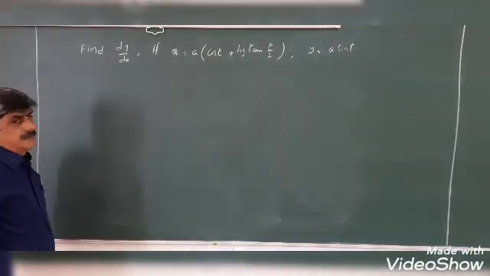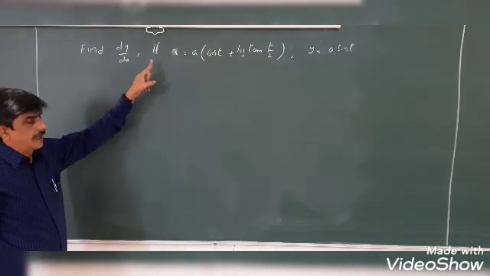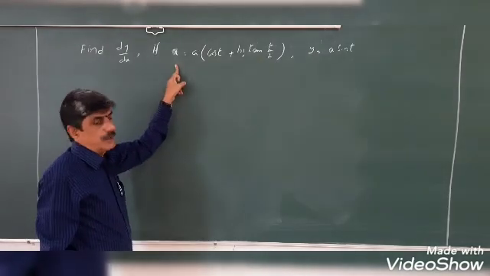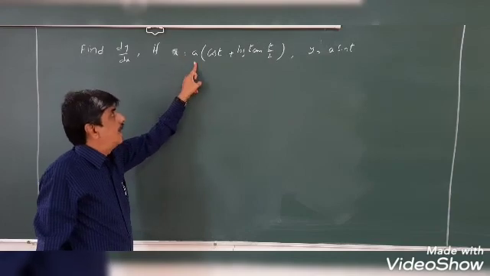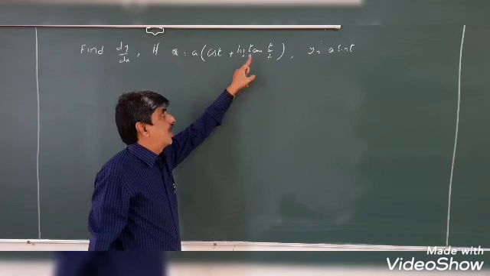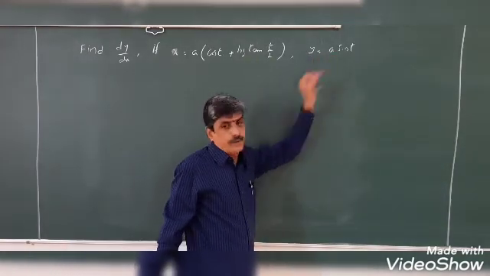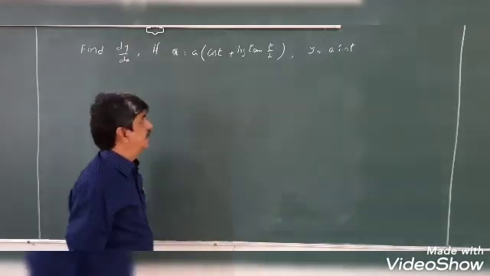Next numerical. Find dy by dx. If x is equal to a into cos t plus log of tan t by 2, y is equal to a sin t.